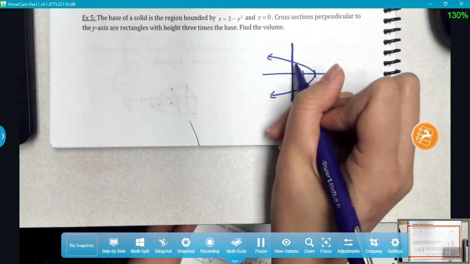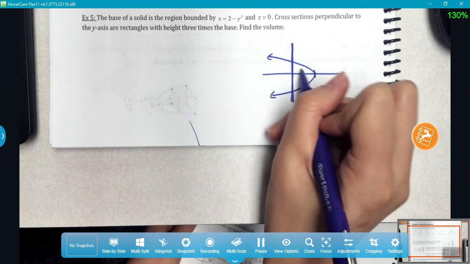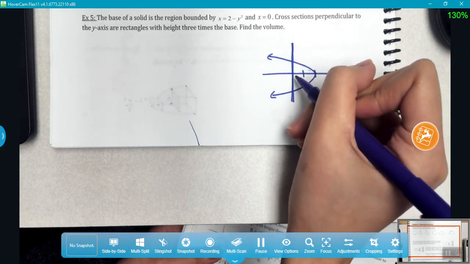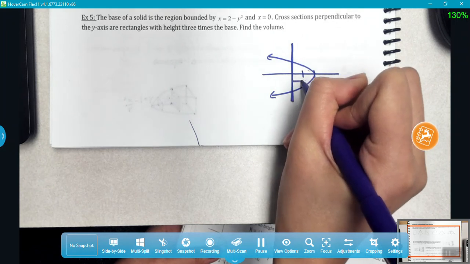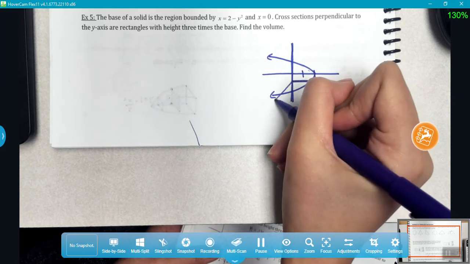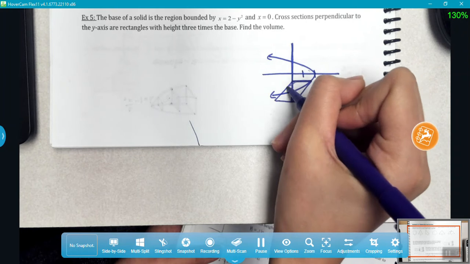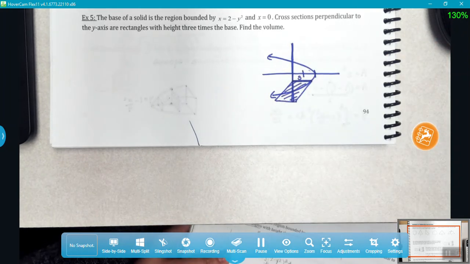So it's really this region right here. Now this one says cross sections perpendicular to the y-axis are rectangles. So perpendicular to the y-axis means this way, with rectangles of height 3 times the base. So we've got rectangles that we're building, but our S is now horizontal, not vertical.